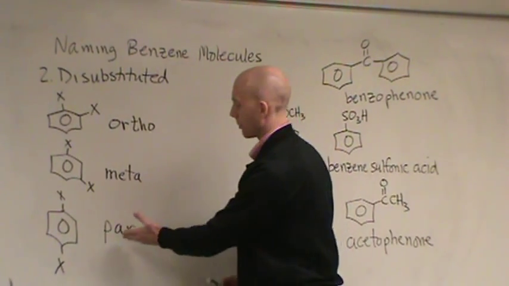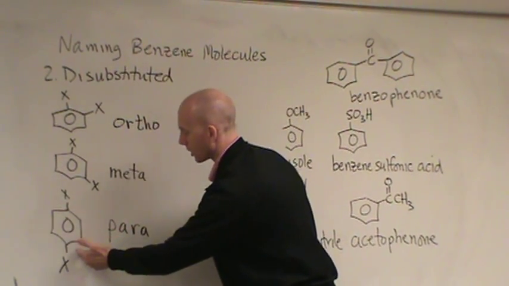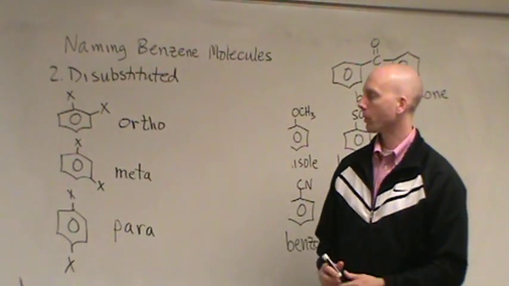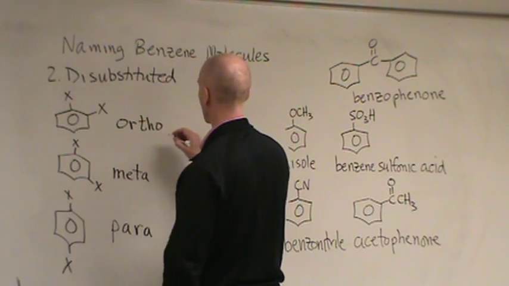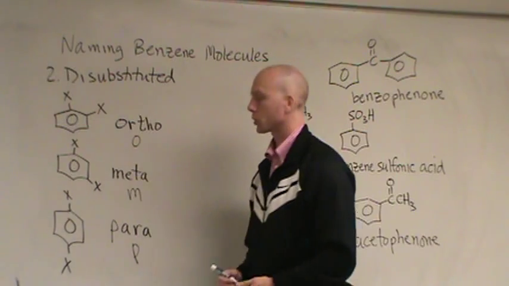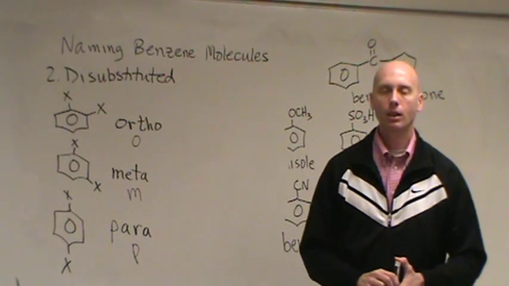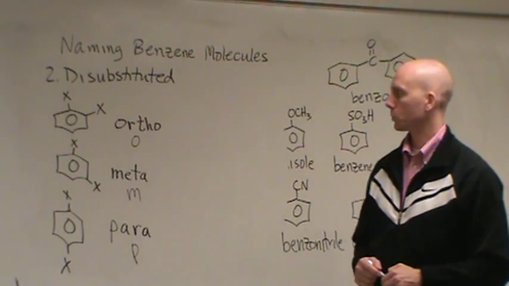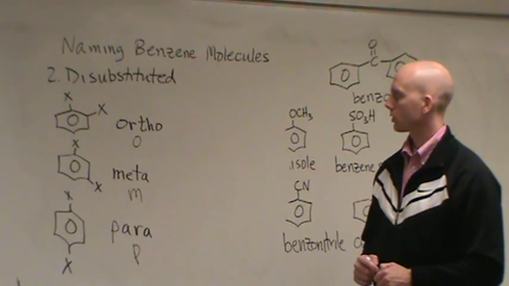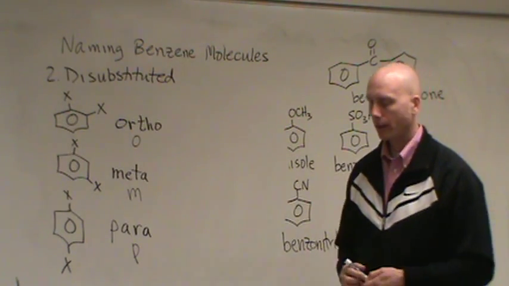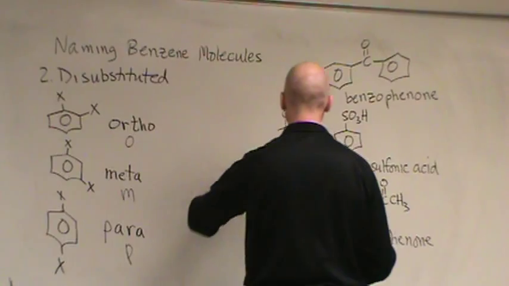So a para means alongside of, so it's alongside of the meta down here. We will often abbreviate these as O, M, and P isomers, okay? And so this is how we're going to call benzene molecules where we have two groups on the ring. So let's go ahead and look at some examples.